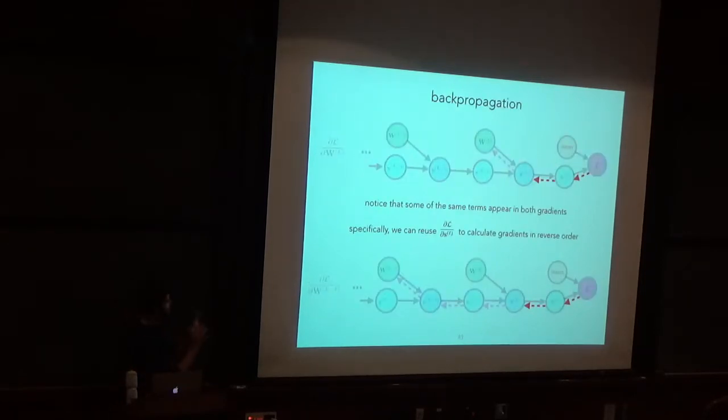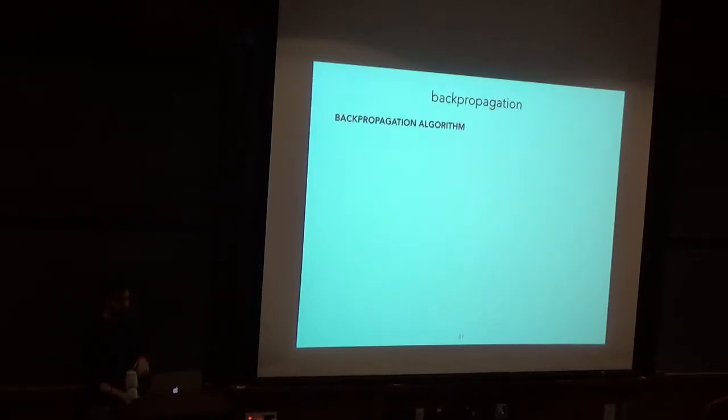So just to highlight that, these two arrows are shared between both of these gradient calculations. And these two arrows represent the exact same thing that we've computed here. And so the idea of backpropagation is let's reuse those computations as we move backward through the computational graph.